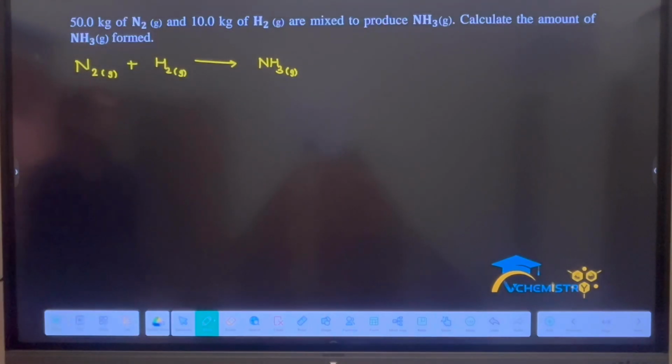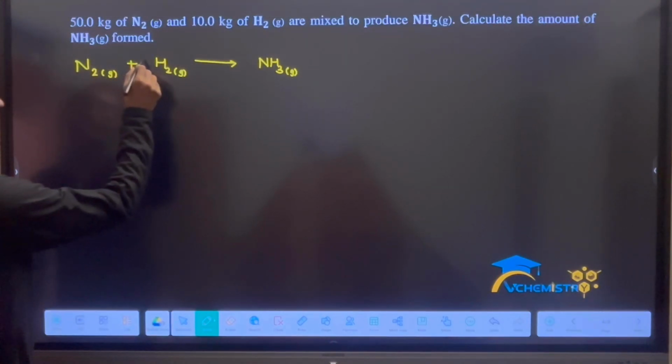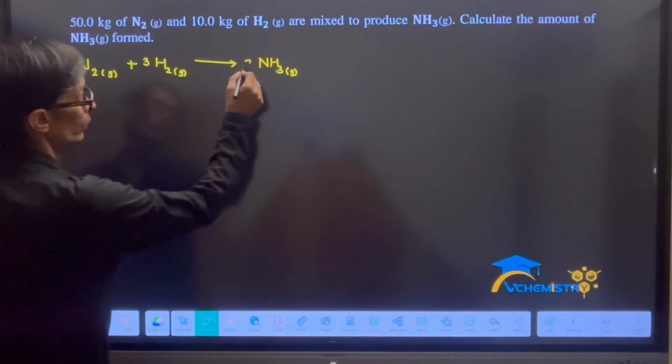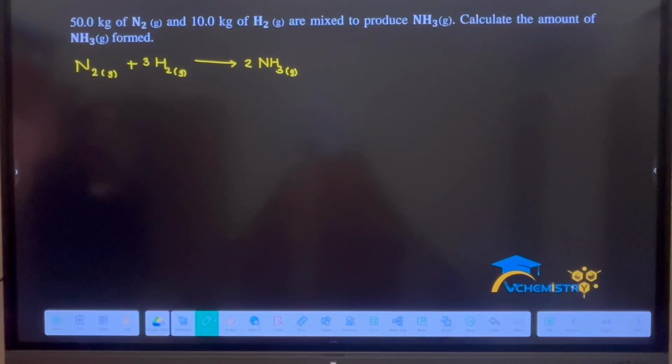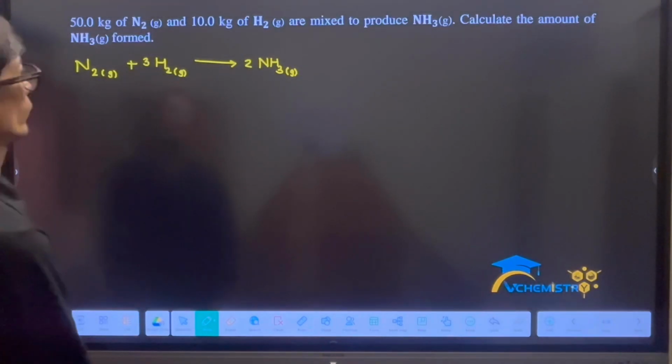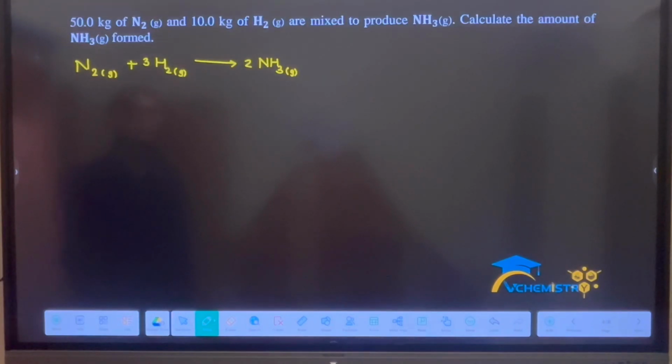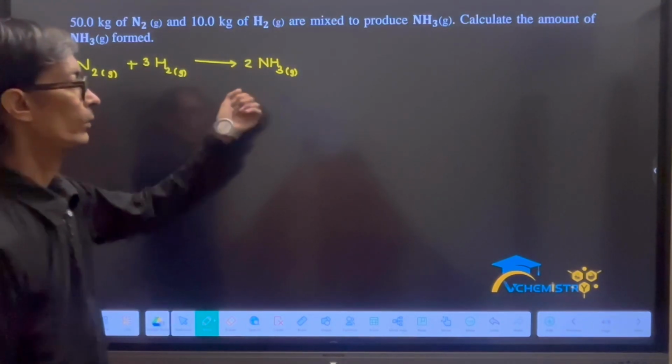This is not in a balanced form, so write down here 3, write down here 2. Now this one is in the balanced form. First of all, in the question, the amount of ammonia is asked, so we want to calculate the product.